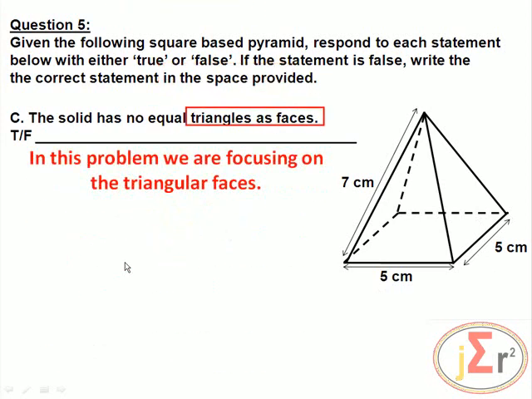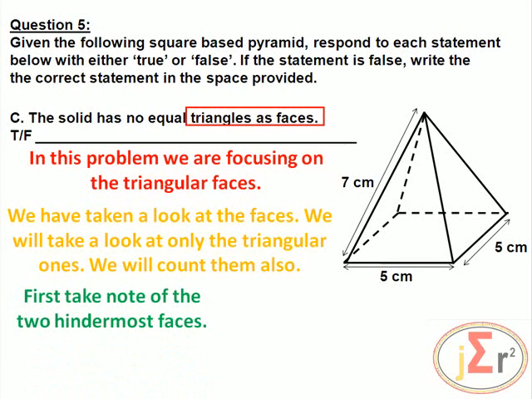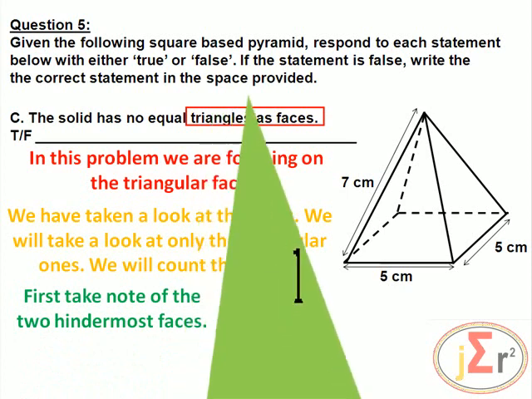In this problem, we are focusing on the triangular faces. The solid has no equal triangles as faces. So we are focusing our attention on the triangular faces. We have taken a look at the faces. We will take a look at only the triangular ones in this particular case, and we will also count them. First, take note of the two hindermost faces. Do not forget them, the ones at the back.